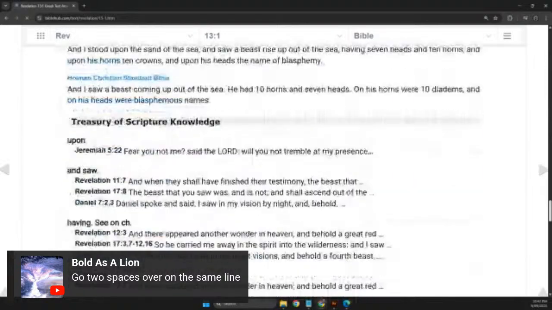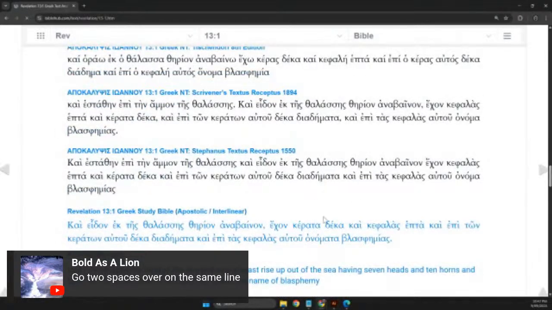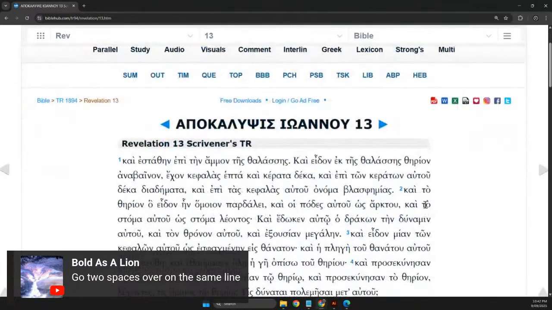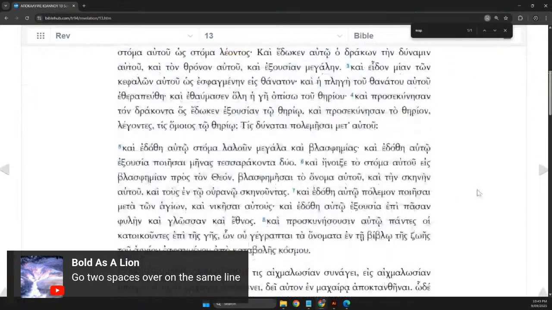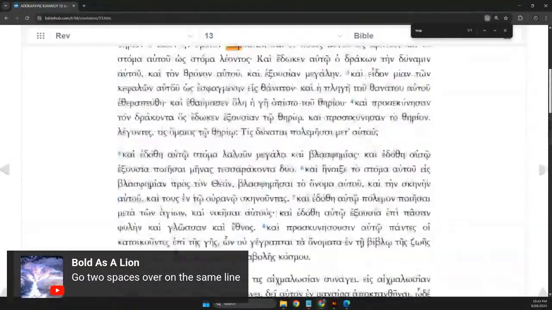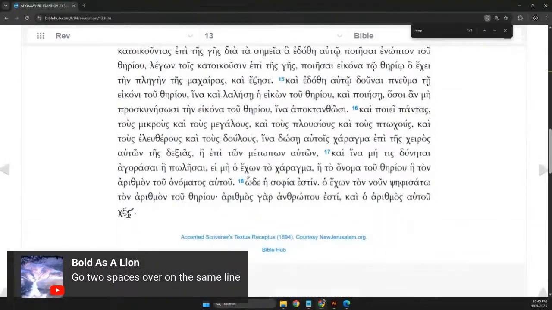Now, I will throw it into Scrivener's. And I want to search for, I'll get a P there and an A there, alpha, and a rho. Okay, there's one word that sort of appears there. It doesn't really appear anywhere else. So that's 666, the number there.